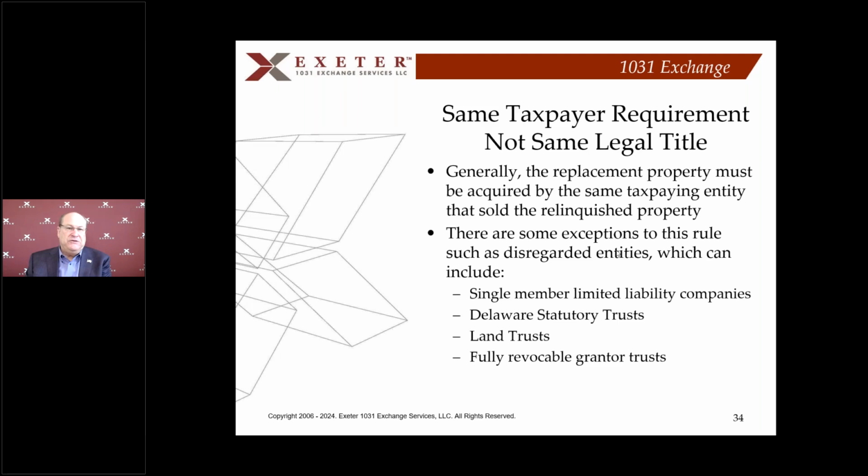So the lender forces you to buy the property in your individual name, and everybody starts freaking out and saying, oh my God, that won't work for a 1031 exchange. Well, if it's a single member LLC and a disregarded entity, and you're the sole member, you are considered the taxpayer. And over here, if you are buying the property in your individual name, you are the taxpayer. So that does qualify. It's the exact same taxpayer.